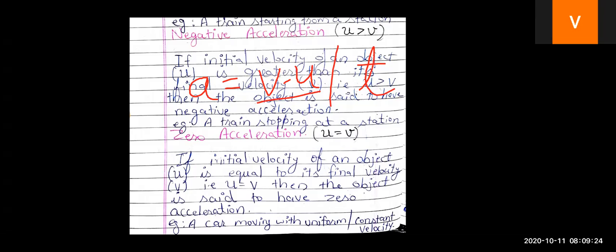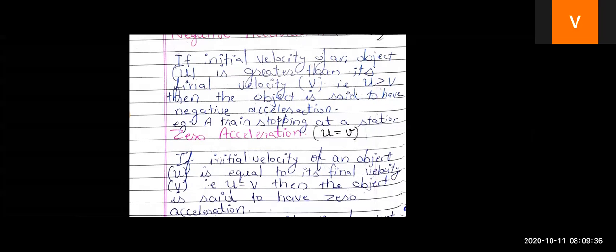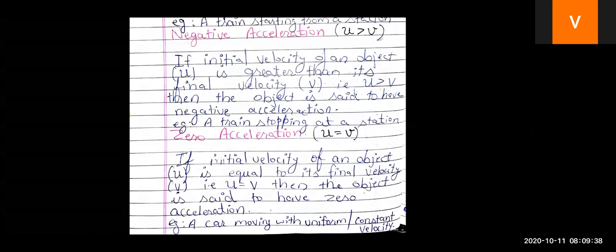So if the initial velocity is equal to the final velocity, the object is said to have zero acceleration. An example is a car moving with constant velocity.